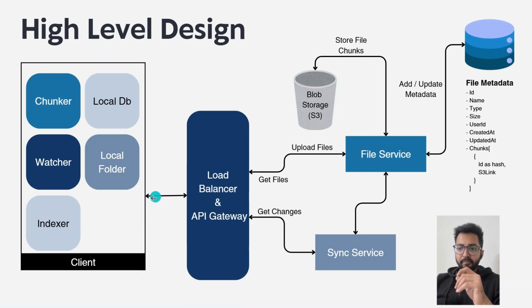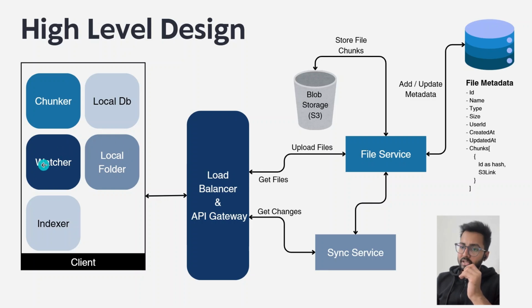So let's go one by one with the functional requirements. First, let's say a user uploads a file. What happens when a user uploads a file? The file is divided into multiple chunks. When these chunks are uploaded to the local folder, a watcher identifies that some action was done in the local folder.